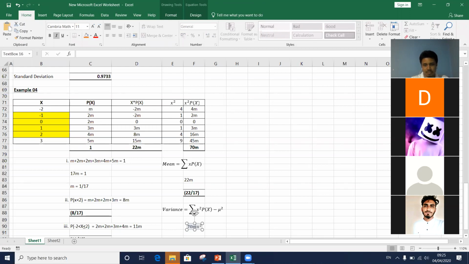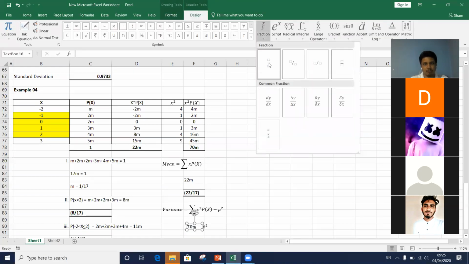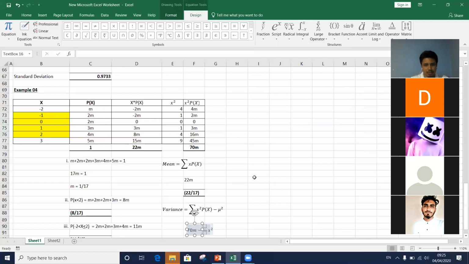From 70m we need to deduct the square value of the mean. Mean value we have already found. What is the mean value? 22 over 70. Mean value is 22 over 70, right? Squared.